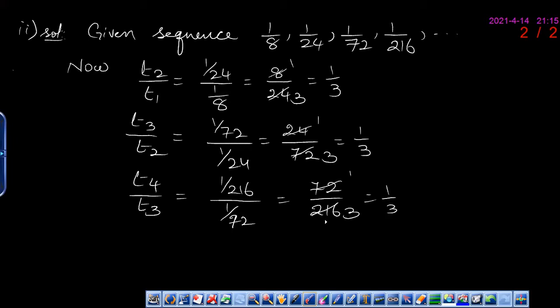So the ratio is the same between the two consecutive terms. So what will you write?